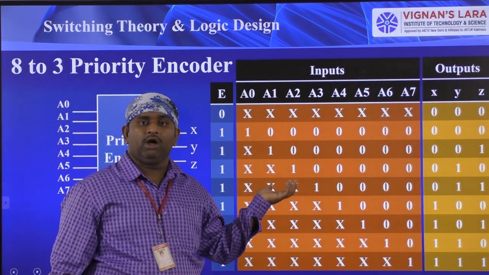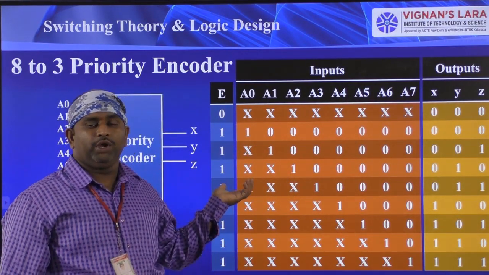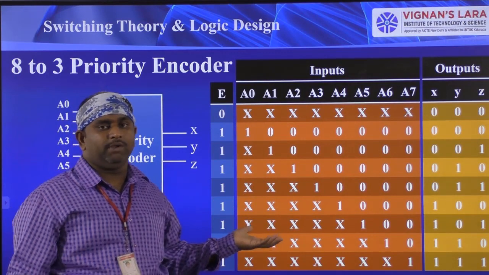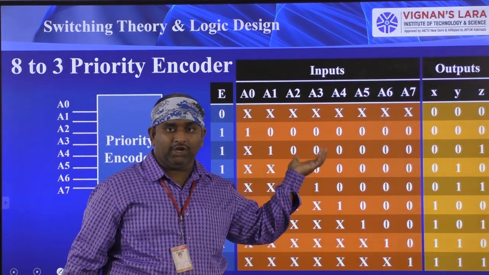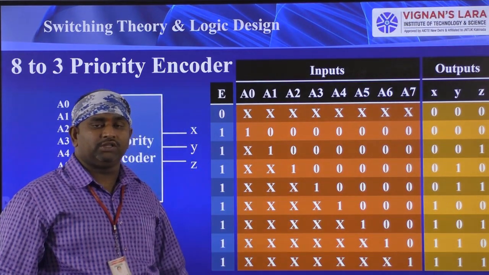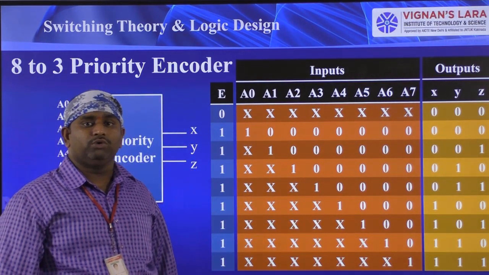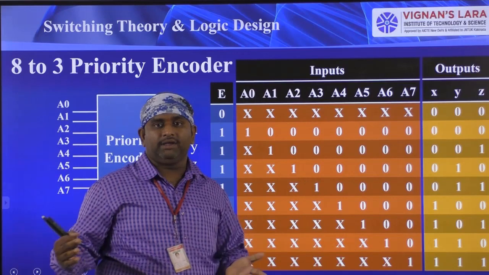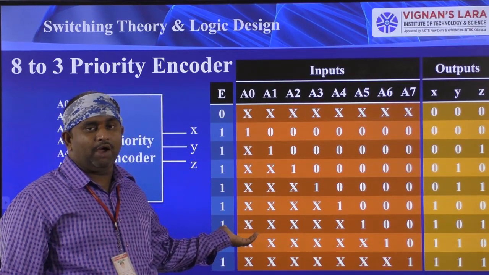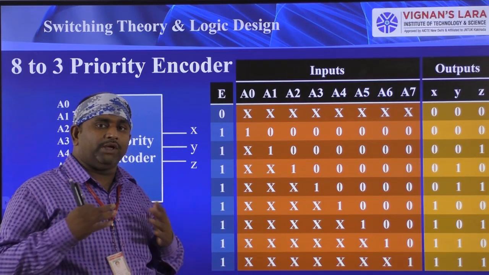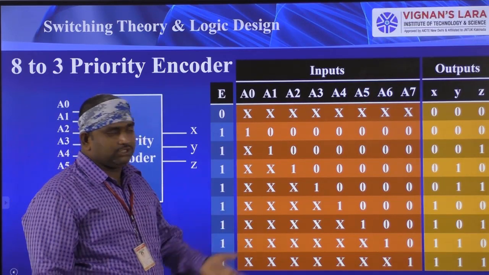For simplifying this expression, we can't use K-map. Why? Because K-map is limited to 6 input variables, but it has 8 input variables. So we have to go for the tabular method and do a programming type of operation. Why? Because manually it is not possible. You have to develop an algorithm, and by using that algorithm you have to do this operation.